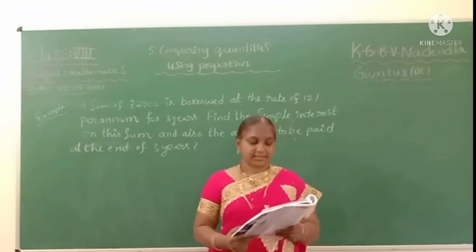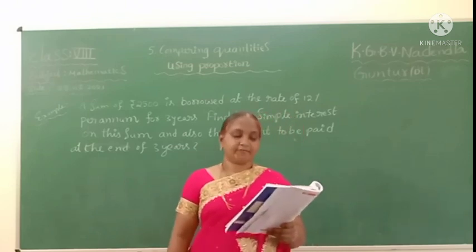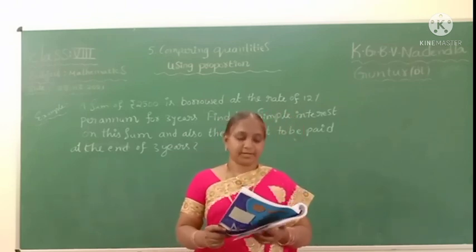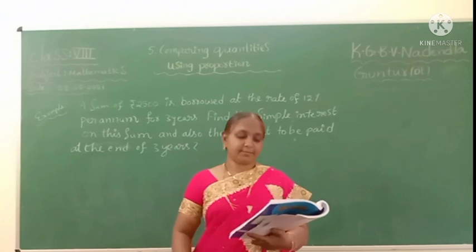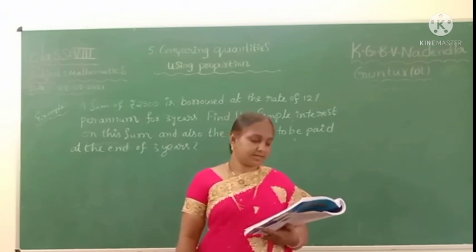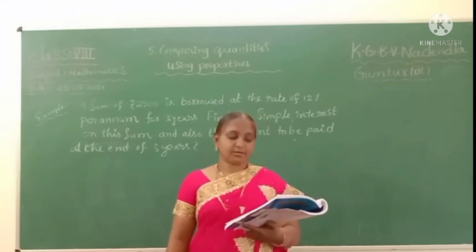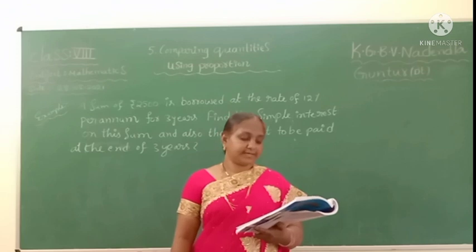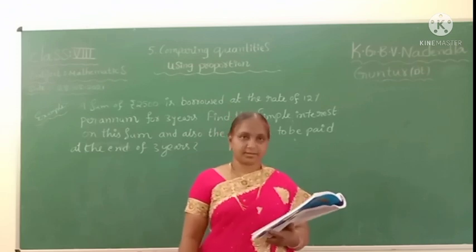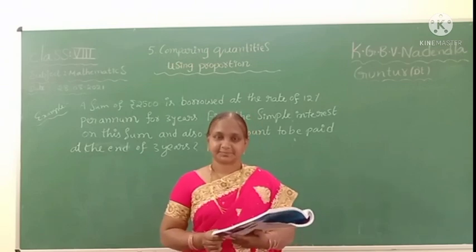What is interest? Interest is the money paid by a bank or post office when money is deposited with them. Also, it is paid by the borrower to the person or organization that lent money. Interest is the extra amount paid on the principal amount at a fixed percent. But how do we calculate this interest?